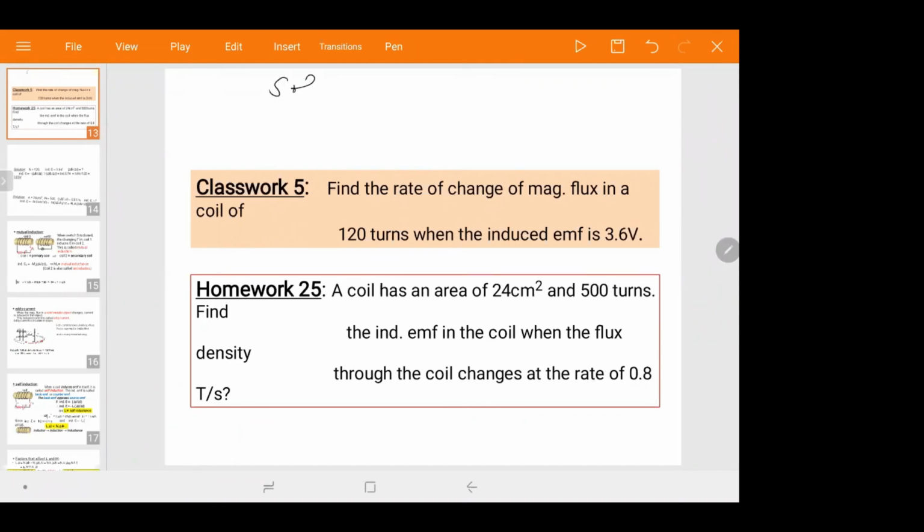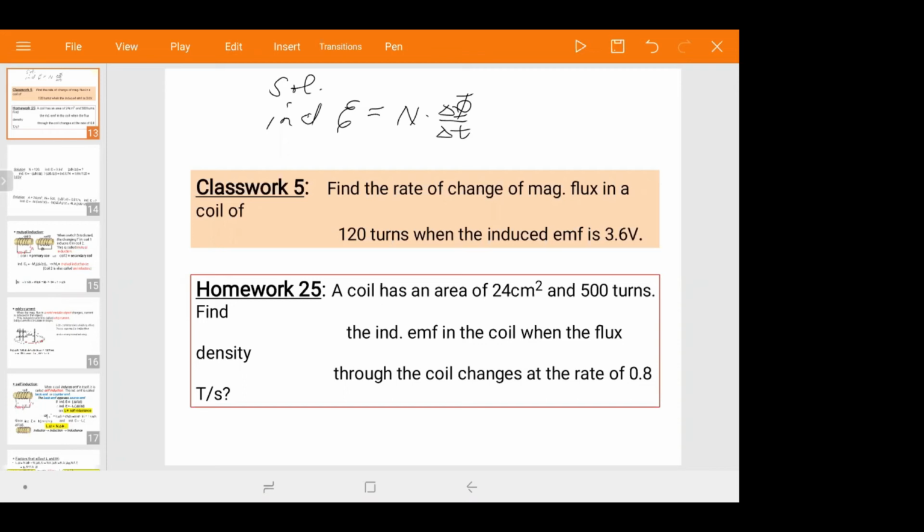In your solution, you have induced EMF equal to N times the rate of change of flux. Did you notice that I didn't write down the minus sign? The minus sign is only interesting when people ask you which way the induced current flows, or what type of pole is induced here. Otherwise, in calculations, we usually drop it because we are interested only in the magnitude of the induced voltage.